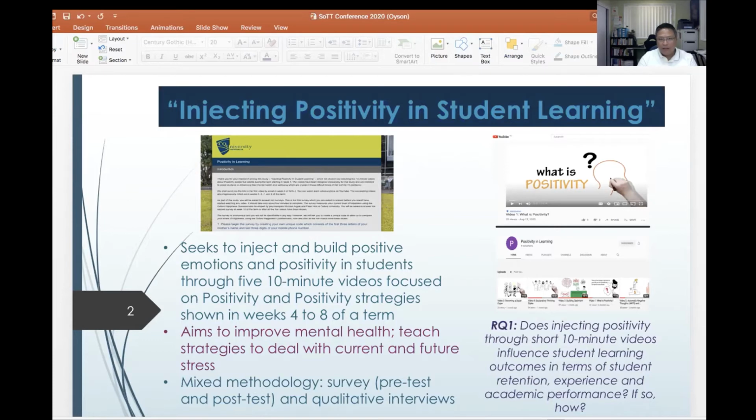This was the project that we had, which was to really improve mental health and teach students to deal with current and future stress. Now, the methodology that we adopted involved surveys, both a pre-test and a post-test survey, as well as qualitative interviews. The focus of my presentation will really be to talk about the survey, not so much the survey results, but the response rates.